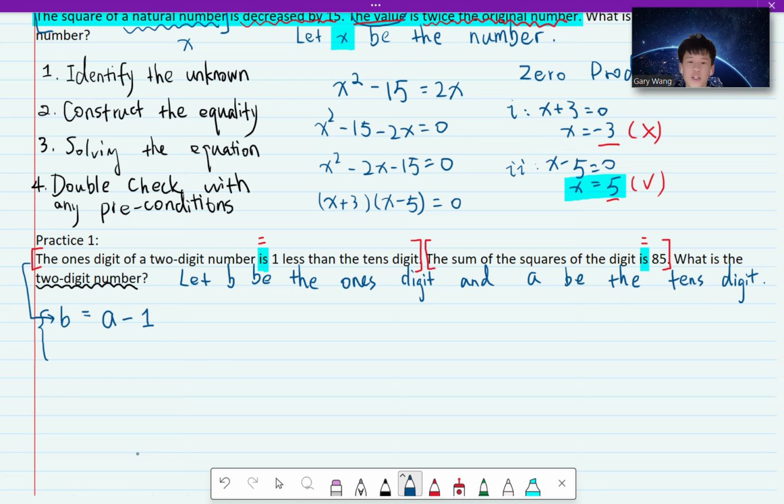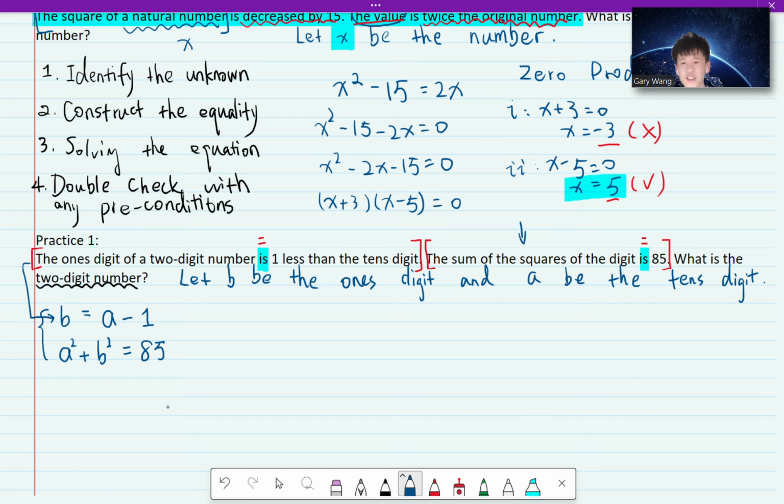Second one, the sum of the squares of the digits is 85. So the squares of the digits would be a squared and b squared. And the sum of them would just be a squared plus b squared. And that is 85. So that would be the second equation that we can obtain from this condition right here.